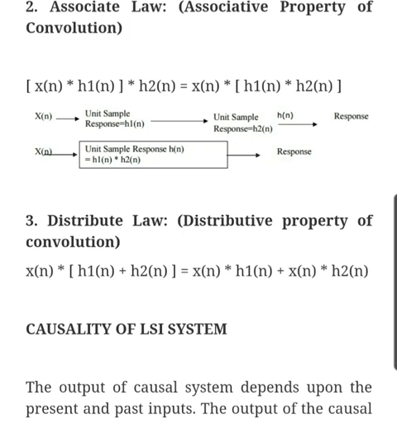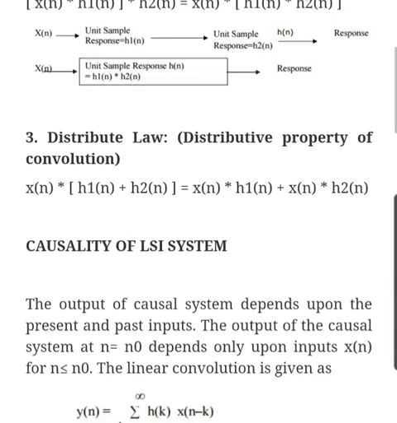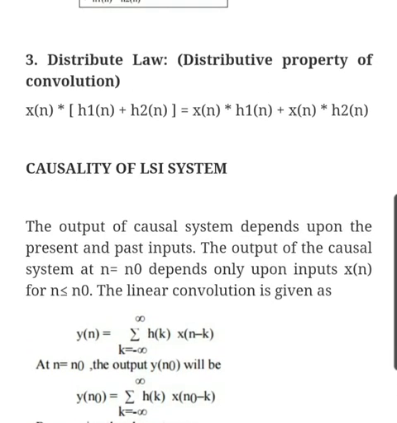The meaning of this distributive property is that we can replace a parallel combination of LTI systems by a single LTI system whose impulse response is the sum of the individual impulse responses.